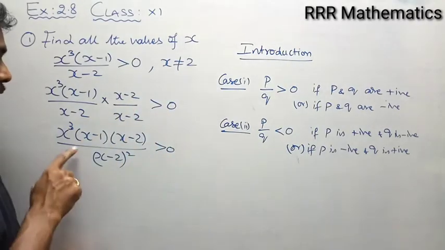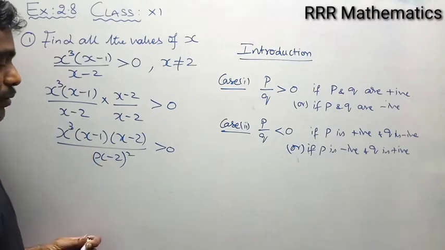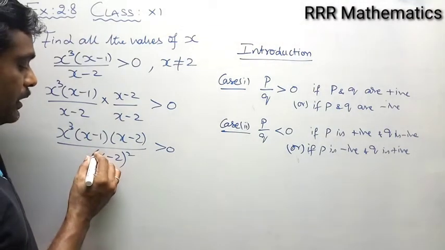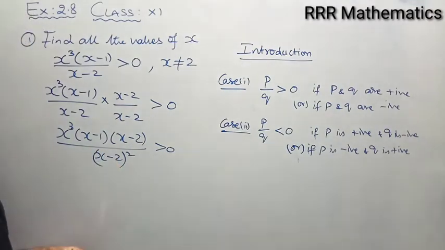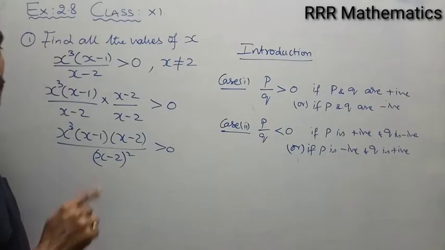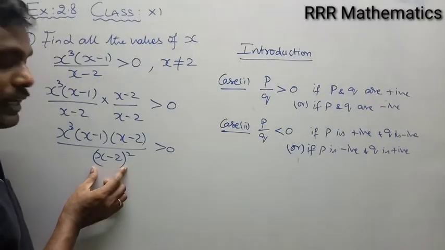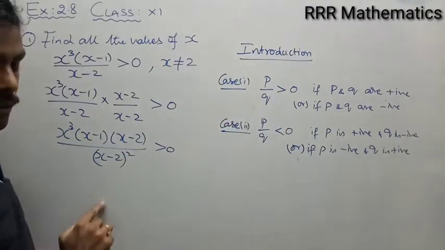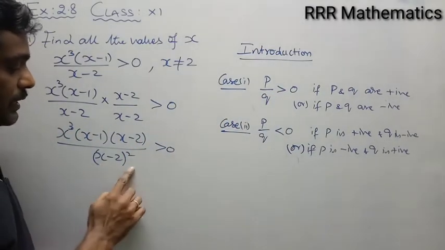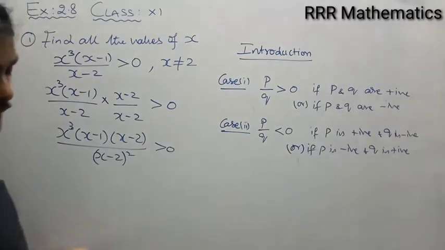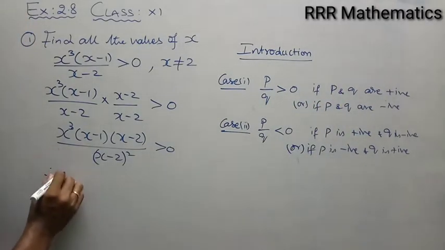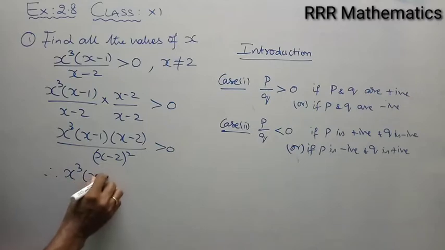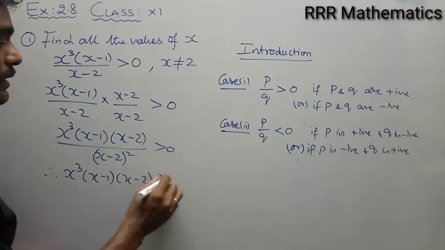It is understood. In this case, I have x minus 2 whole square in the denominator. Got it? X minus 2 whole square in the denominator means whole square which is strictly positive. So this is a fraction which is greater than 0 and the denominator is strictly positive. Therefore, I can conclude my numerator is greater than 0.